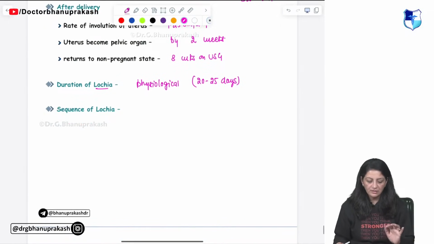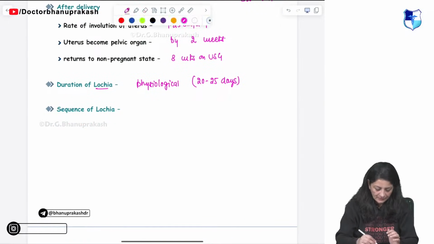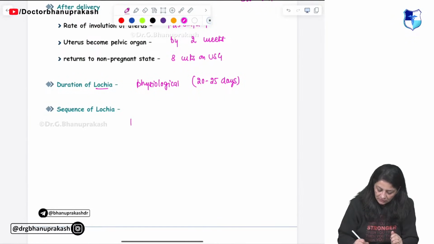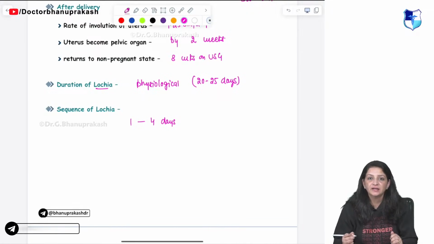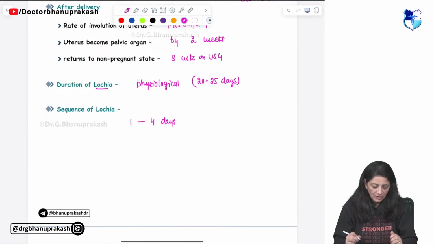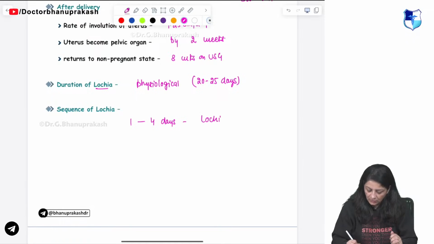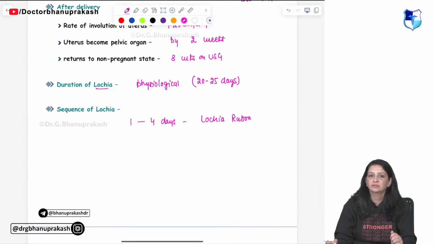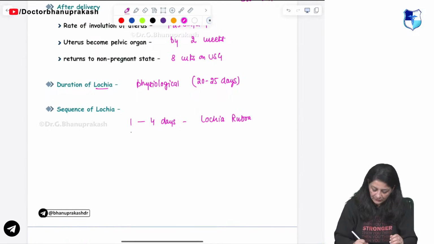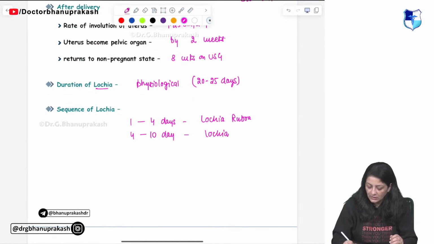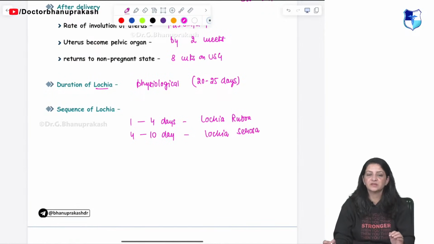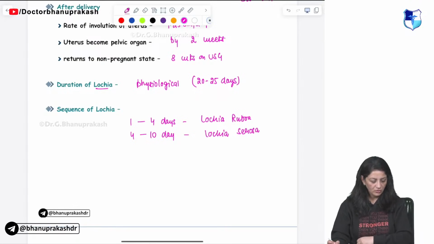So, the sequence of lochia. First 4 days, secretions are red in color because of RBCs. So lochia rubra, red in color, mostly RBCs are present. 4 to 10 days, lochia serosa, mucus is present.